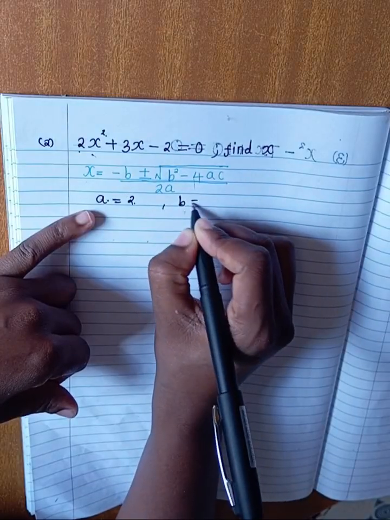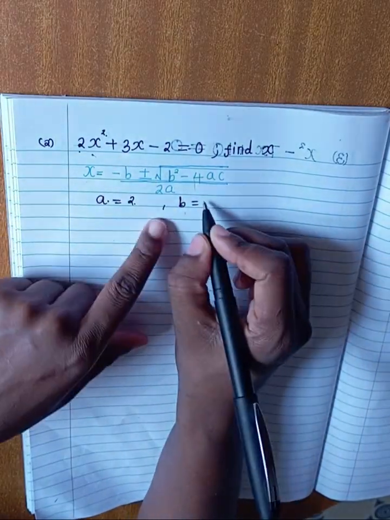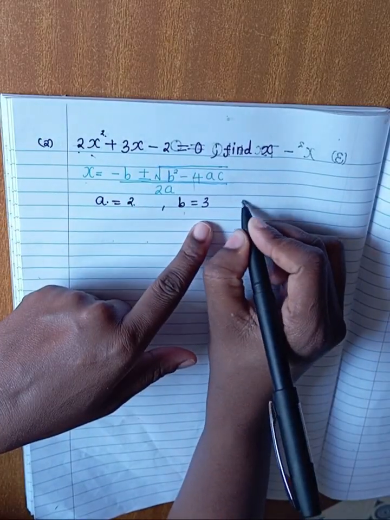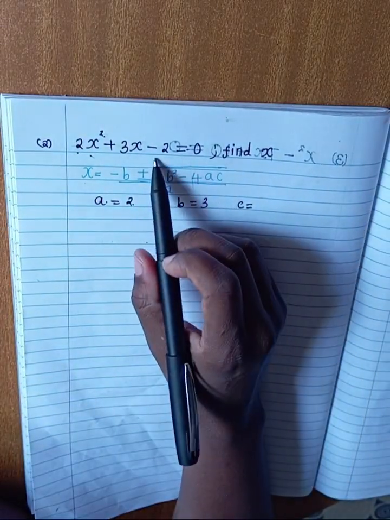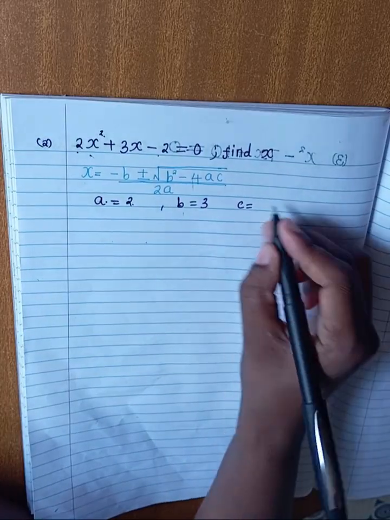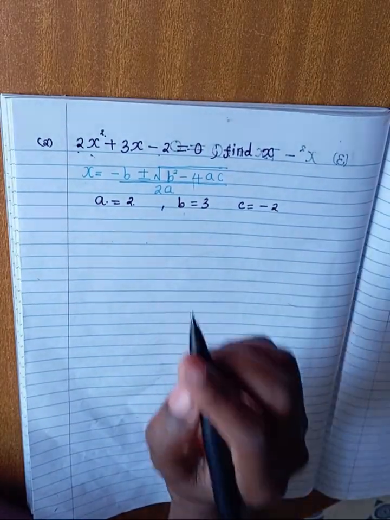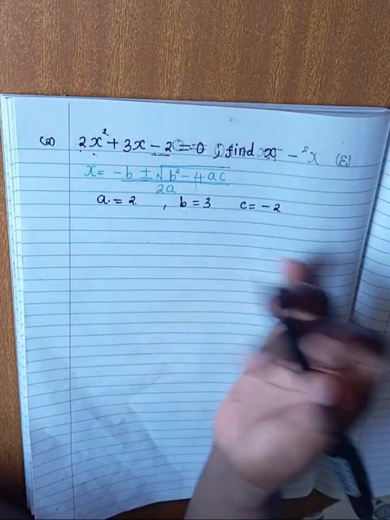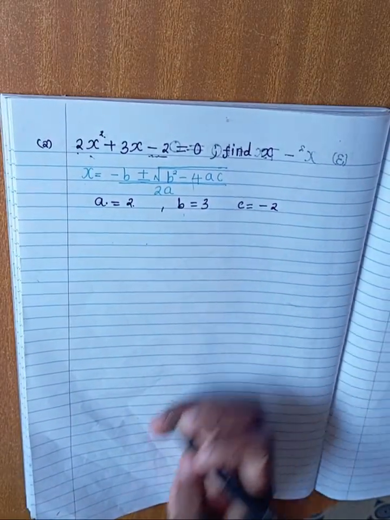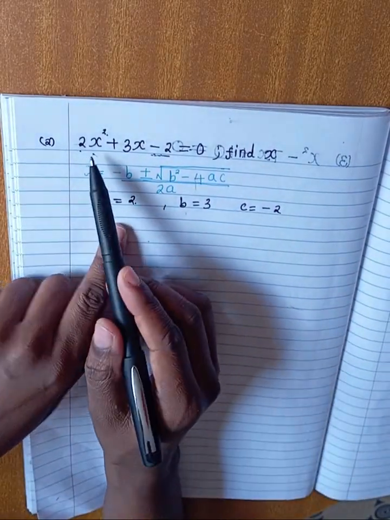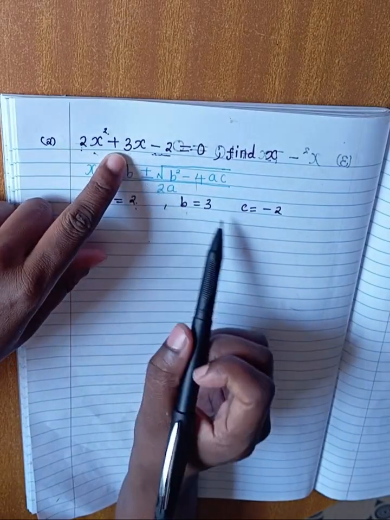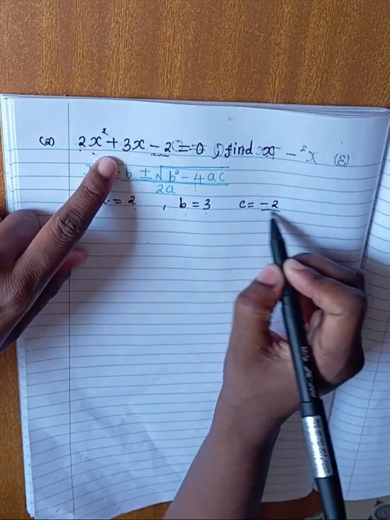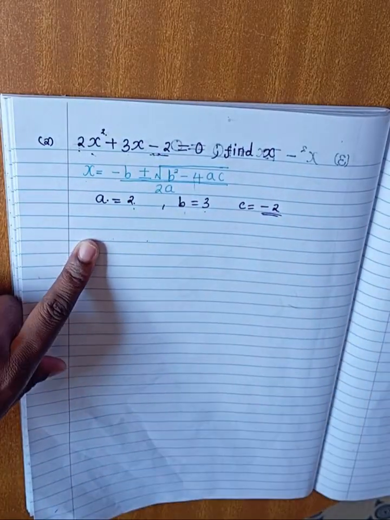The value of b is the coefficient of x, which is 3, and the value of c is the constant. And on this part, it is negative 2. If it's a negative, you carry it with the negative. If it's a positive, then it remains just the way it is. Like this part here, this is 2, this is 3, because they are positive. And this is negative 2, because on this part, it's negative 2.